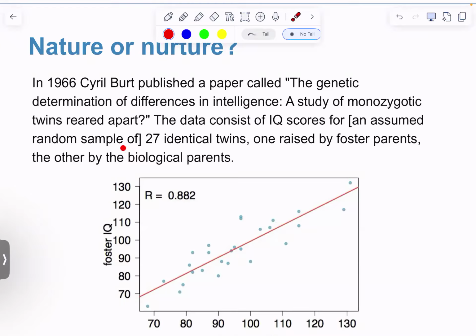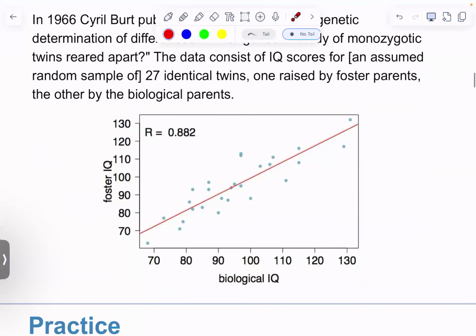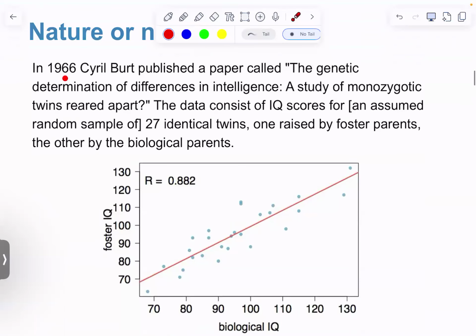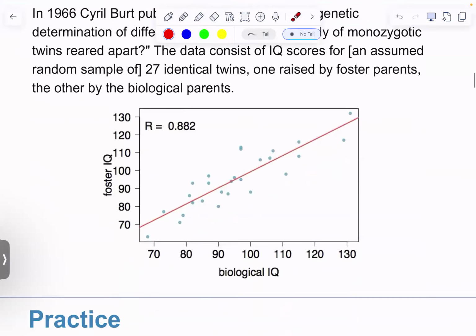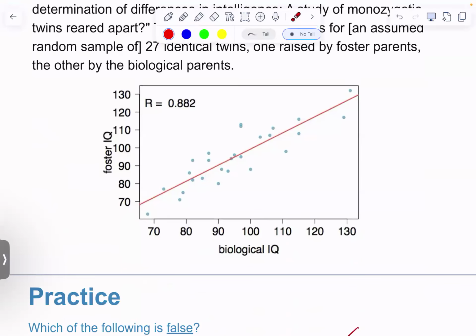But it is one of our assumptions, and so we're assuming that it is. For 27 identical twins, one raised by foster parents and the other by the biological parents. Things they could do in 1966. Wow, it's crazy.